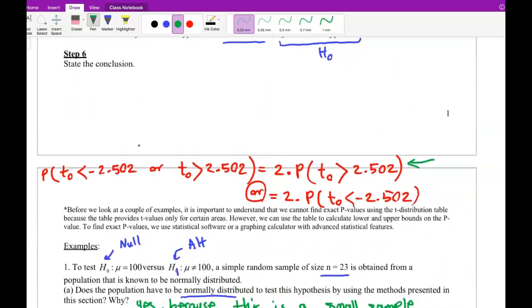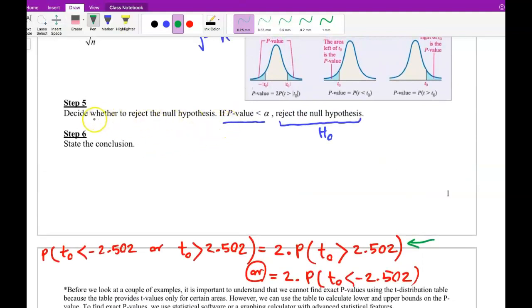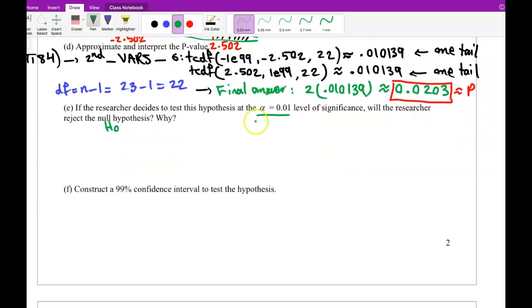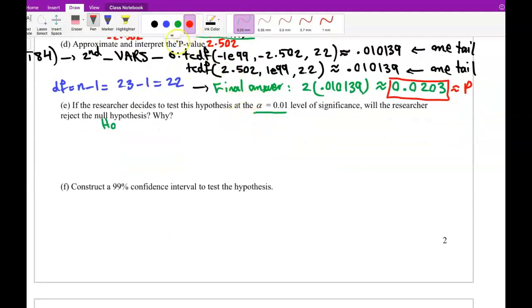We had step 5. So how can we reject the null hypothesis? If the p-value is less than alpha, then we can reject the null hypothesis. So comparing the p-value and alpha in this part, the p-value we got is 0.0203 and our alpha is 1%. So the answer is no. That is because p is not less than alpha.